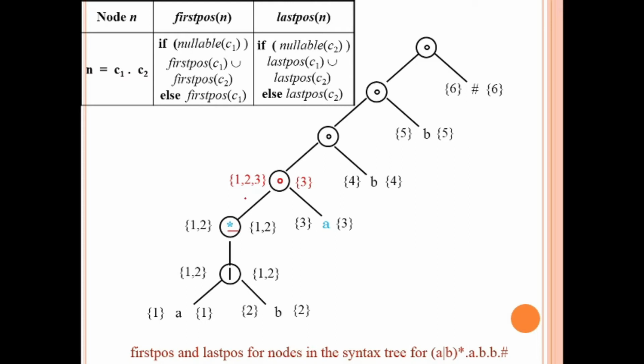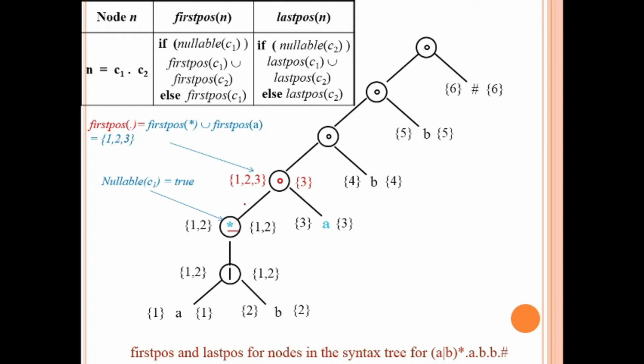In this case we can see the star node is a nullable node, and that's why first position of the concatenation node will be equal to first position of the star node union first position of A, that is the second node, which is equal to {1, 2, 3}.